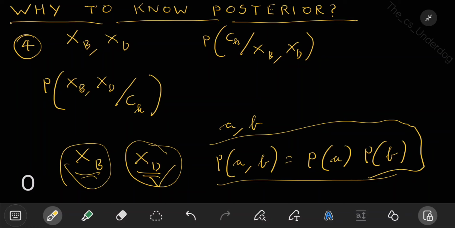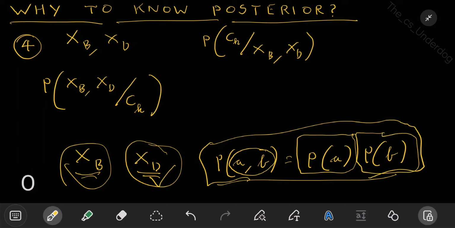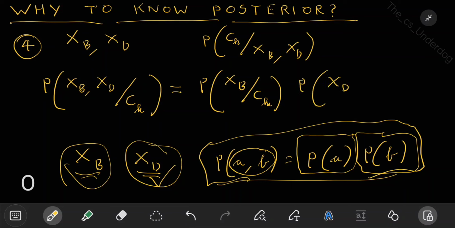That is, whenever two events A and B are independent, P of A, B equals P of A into P of B. That is, the probability of A and B occurring together is the product of the probability of A and the probability of B. So if you apply the same logic here, this will become P of XB given CK into P of XD given CK.